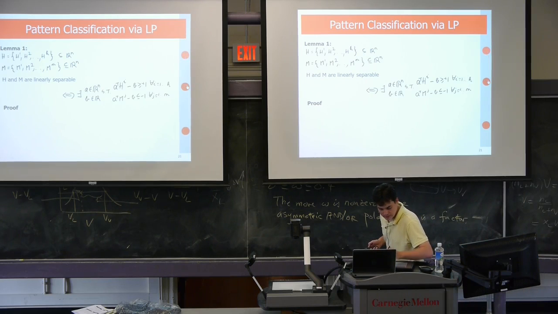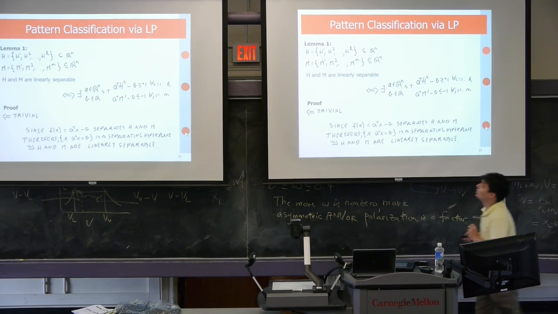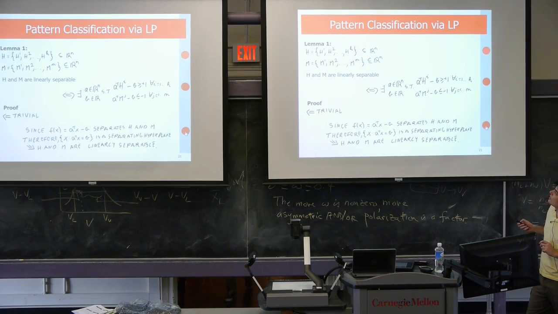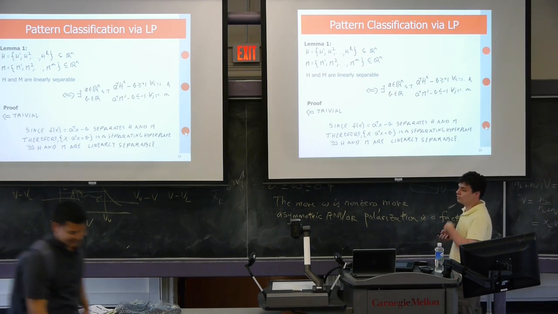And then we had this lemma: H and M are linearly separable if and only if there exists an n-dimensional vector A and a real number B such that A transpose H minus B is always bigger or equal than 1, and A transpose M minus B is always less than minus 1. And we proved this lemma.